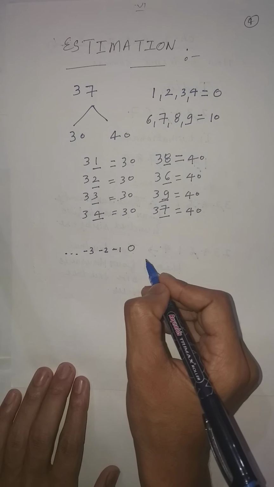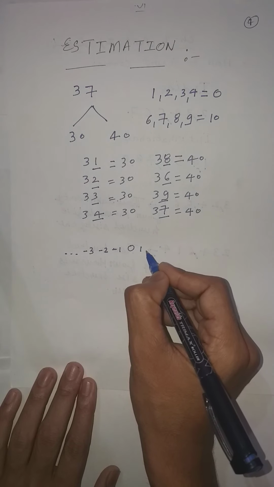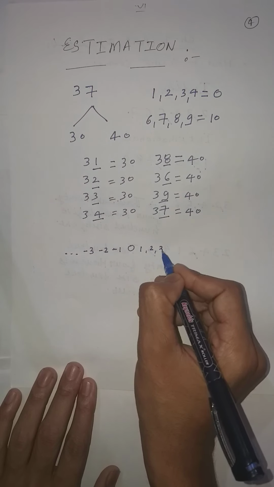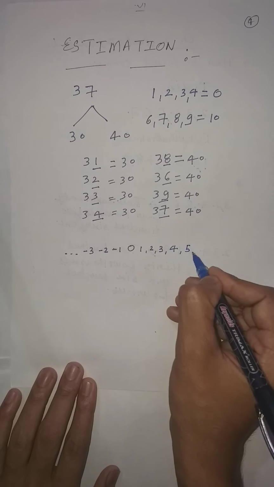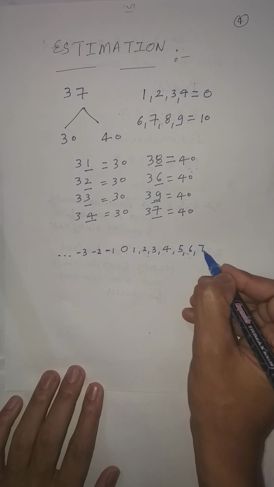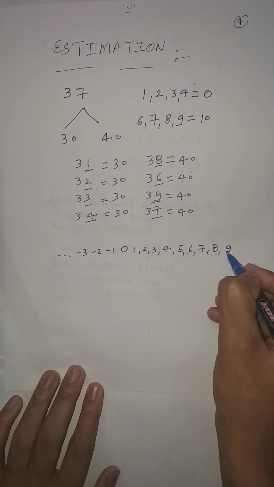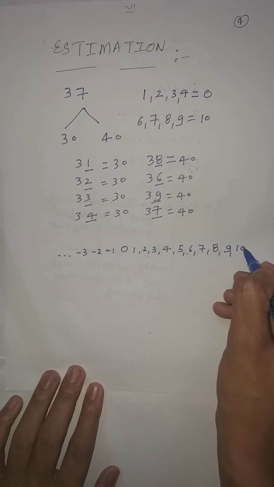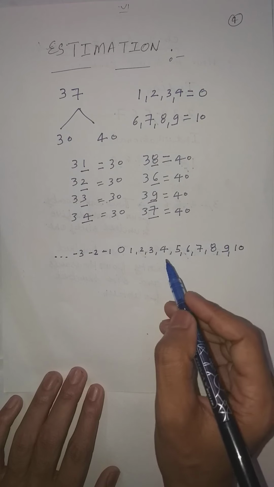And here if you write down 1, 2, 3, 4, 5, 6, 7, 8, 9, 10. Now presently you have to see only the positive integers.